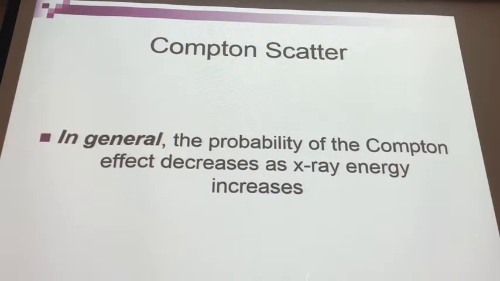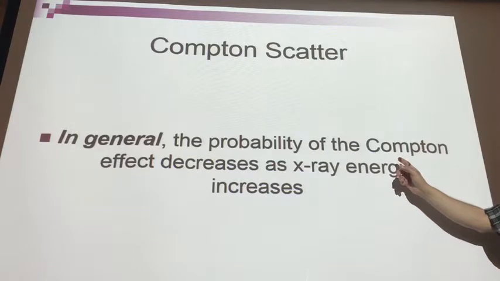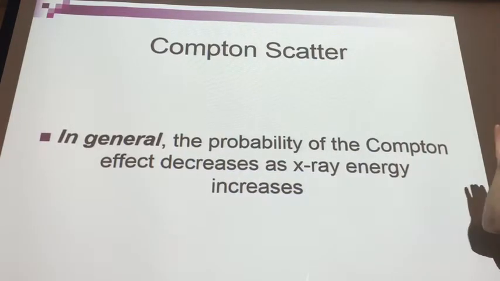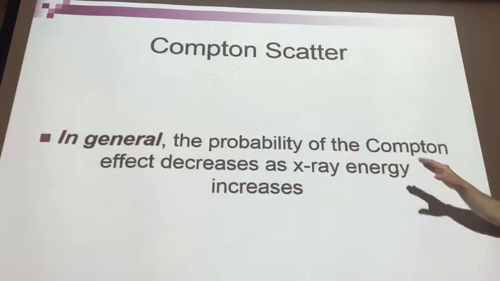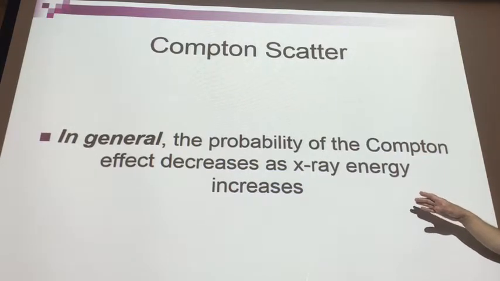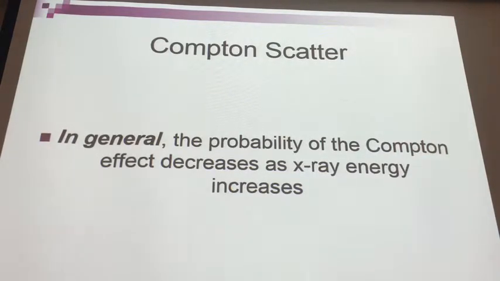So let's talk in terms of X-ray techs, right? Not as physicists, but as X-ray techs. When you are increasing your kVp, when you increase your energy, this is what happens. You will see a decrease in the number of Compton interactions.